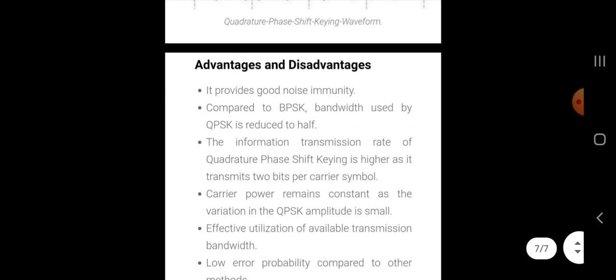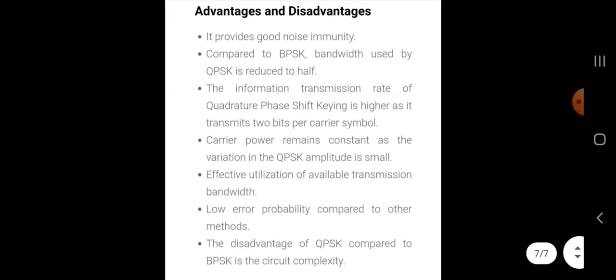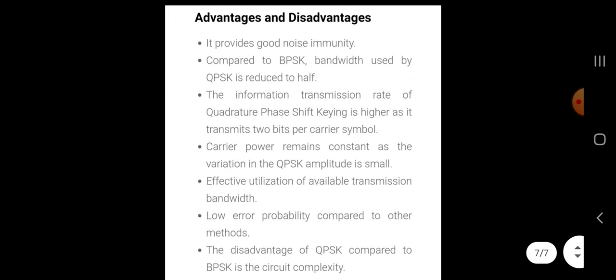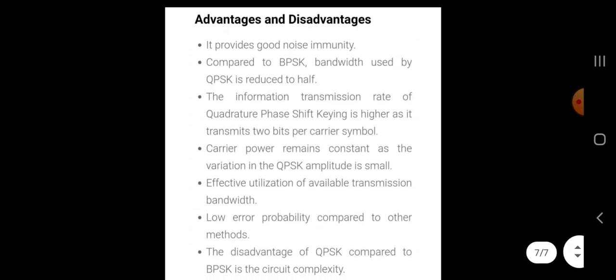Now let's look at the advantages and disadvantages of QPSK. It provides good noise immunity. Compared to BPSK, bandwidth used by QPSK is reduced to half.